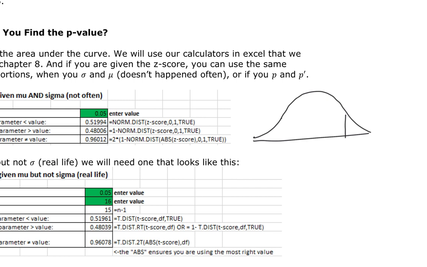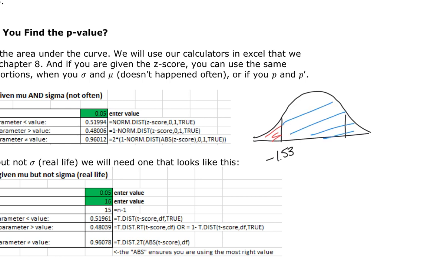So say your z-score lands down here. Your z-score is, say, a negative 1.53. That's your z-score, right? So what you want with the z-score, and you want a two-tailed test, if you just do the norm.dist, you're going to get this area here. Cool. If you do the 1 minus, you're going to get this area here.